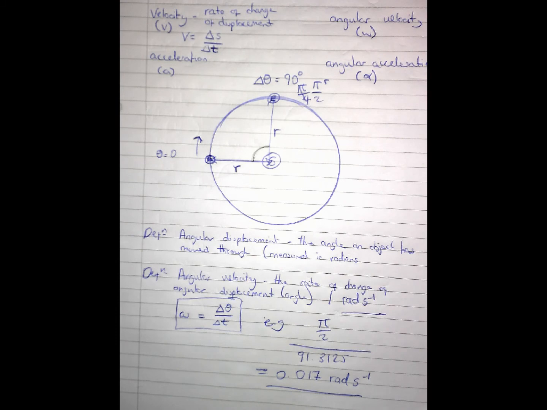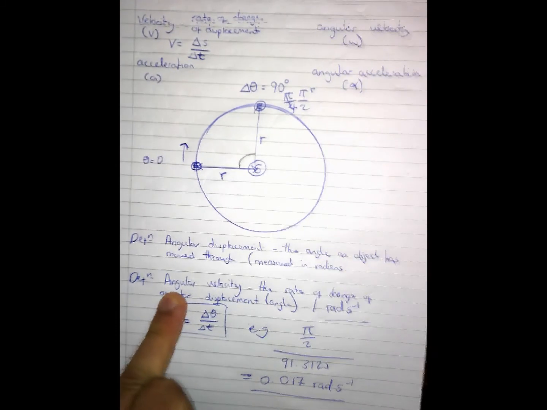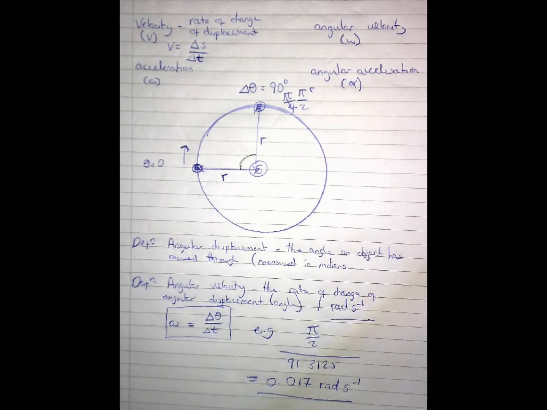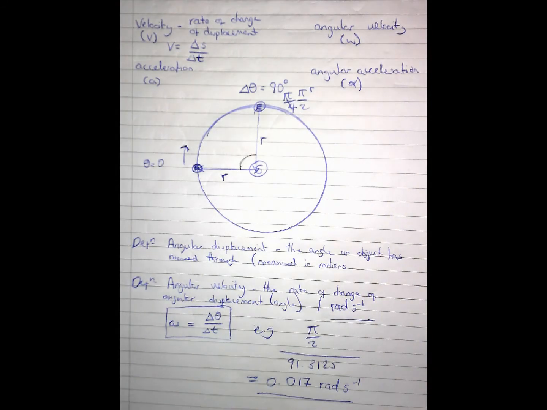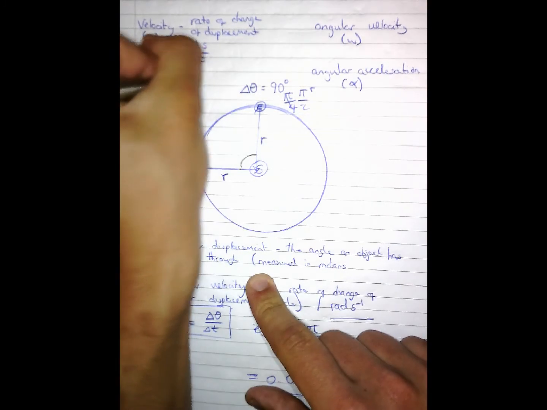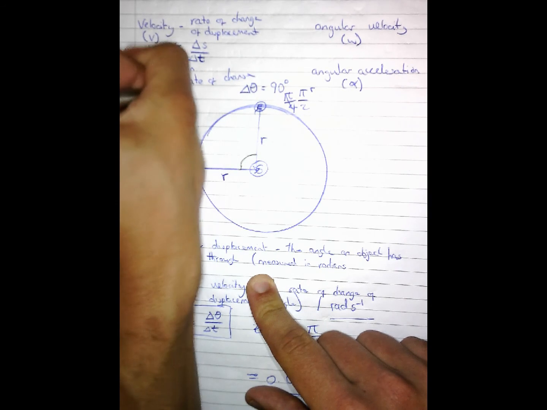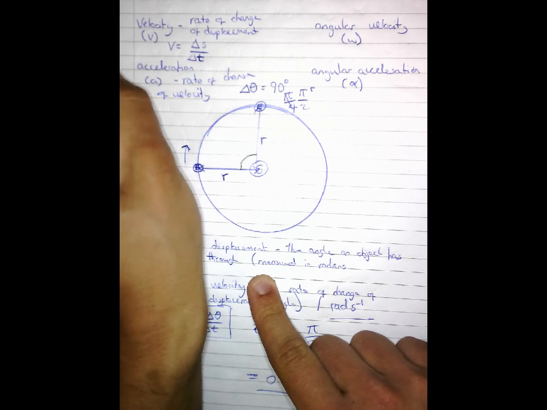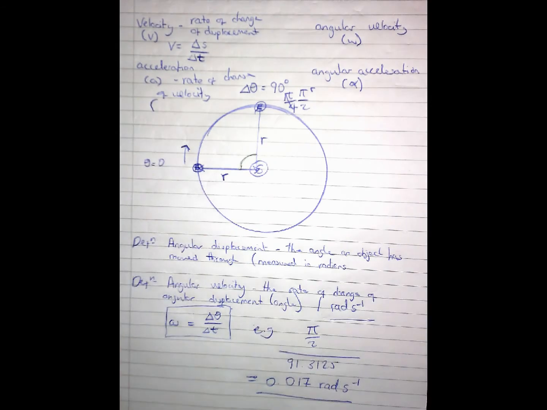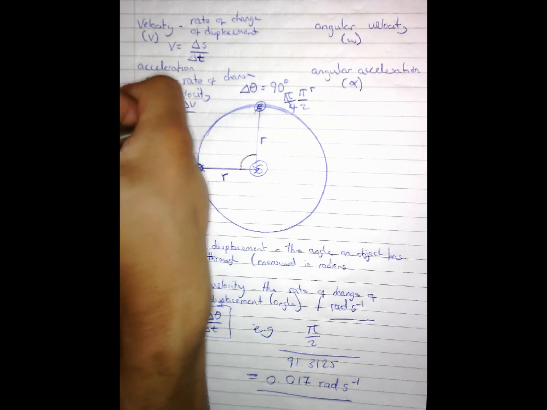The last thing that makes sense to look at is this quantity here, angular acceleration. Now, you can guess the definition of angular acceleration. We said that acceleration is the rate of change of velocity, and it's given by the equation a equals delta v over delta t.